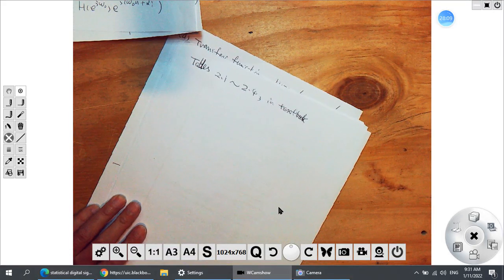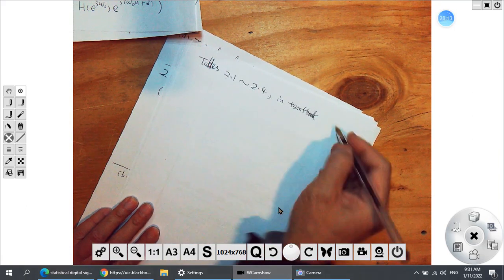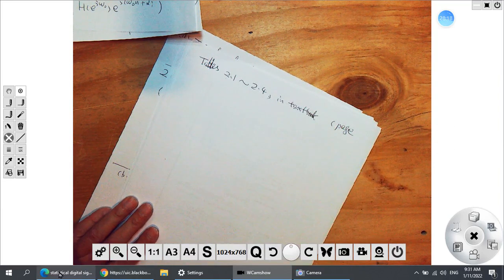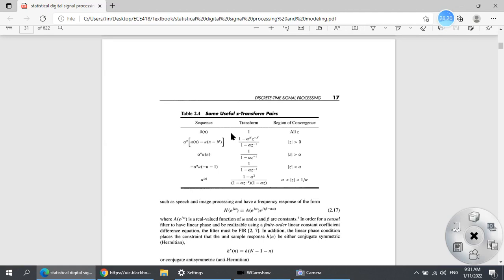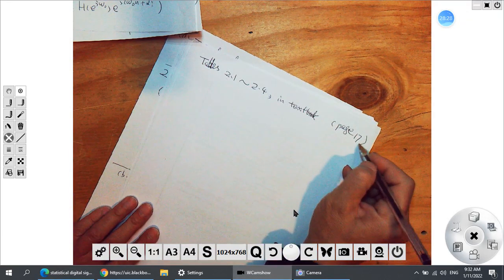Okay, tables 2.1 until 2.4 in the textbook. It will be around page 17. Several pages, I just put one here. We have these 4 tables.